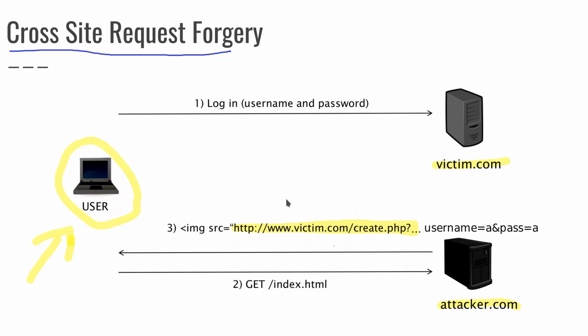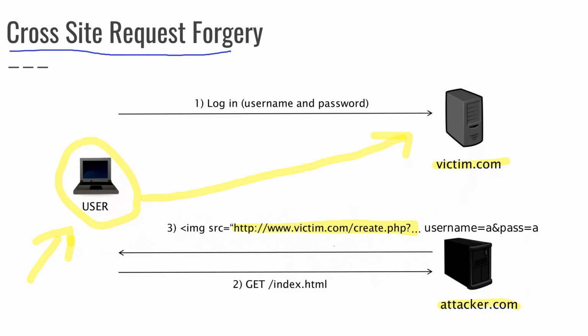So the browser willingly issues a request to the victim website with all credentials, with the session ID, and therefore creates a username that we as an attacker control because we set this image tag on our website. So now there's a user created on the victim website without the administrator noticing at all. That's cross-site request forgery. Afterwards we can log in with the user that was created, which is bad.